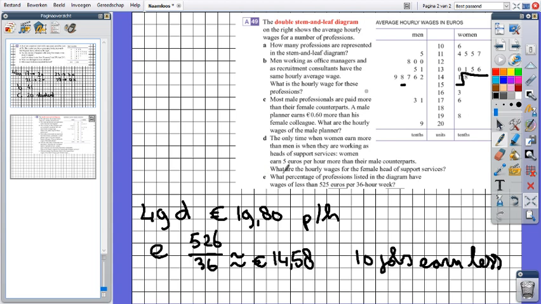However, what percentage of professions listed in the diagram have wages of less? Well, for the percentage, we're going to take a look at 10 divided by 14. Why 14? Because at A, and you can also count them, we know there are 14 professions.